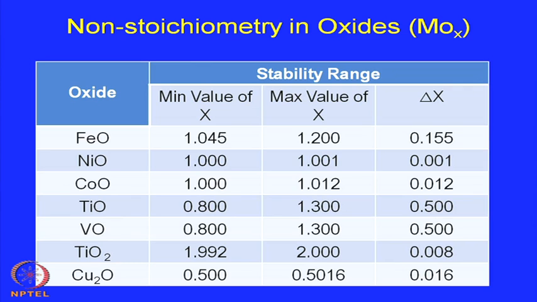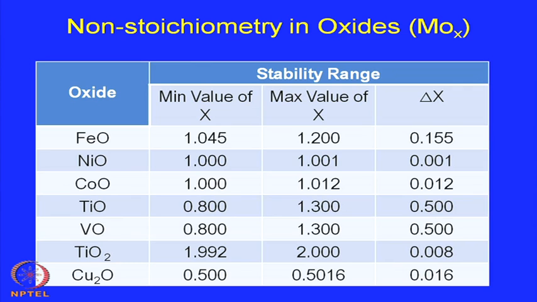Iron oxide, FeO: although the formula is 1:1, actually it is not 1:1. If you take FeOₓ, the X value changes from a minimum of 1.045 to 1.2. That means X is much larger than 1.